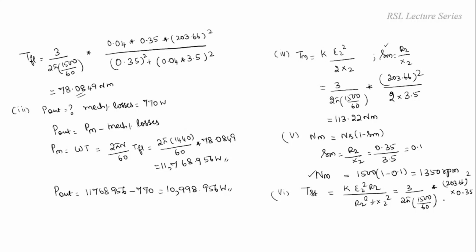This is the numerator. Divided by the denominator 0.35 square plus 3.5 square, where this is R2 square and this is X2 square. On simplification, we will get 22.42 Newton meter. So this is the required answer.